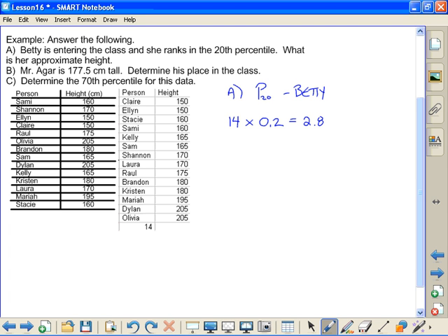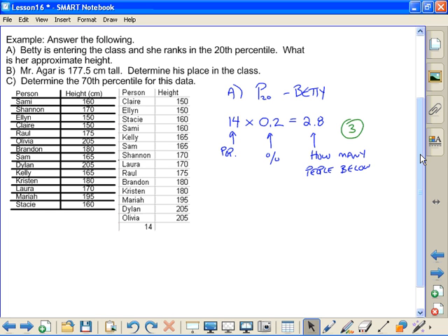All right. So how does that relate? This is your population, this is the percentage, and this will tell us how many people are below. So that's approximately 3, because it's an approximation anyway.